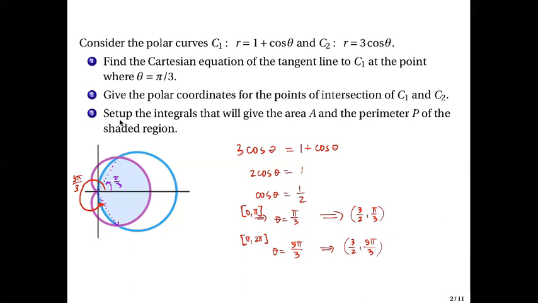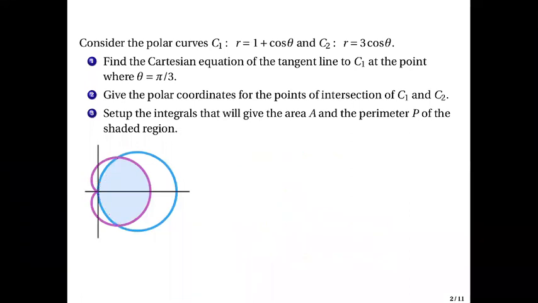Then for the third problem, we want to set up the integrals that will give the area and the perimeter of the shaded region. So let's copy this here. We know that at this point, theta equals pi over 3, and at this point, theta equals 5 pi over 3.